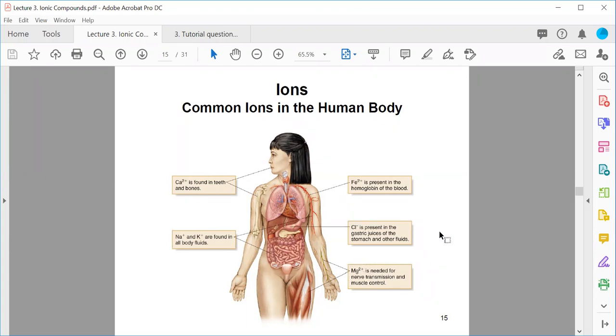Of course, very important for nerve transmission and muscle control. Is that important in plants? We've got a few yeses there. All right, very interesting. Okay, great. Now, let's look at some of these.